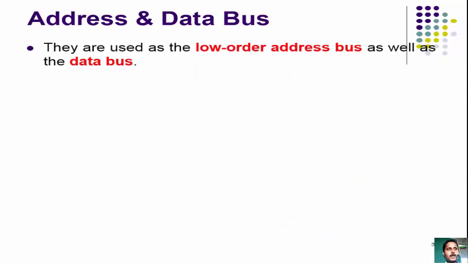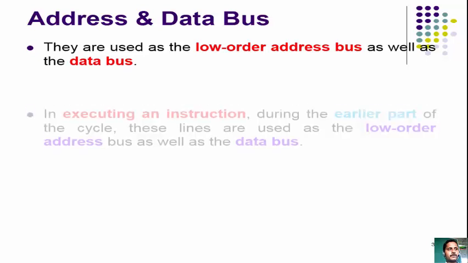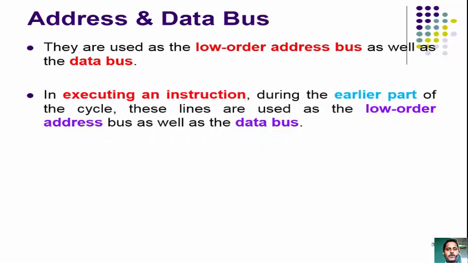Then they are used as the lower order address bus as well as the data bus. So this is about AD0 to AD7. During the operation of the microprocessor, in the earlier part of the cycle, we'll see machine cycle and instruction cycle in detail later.